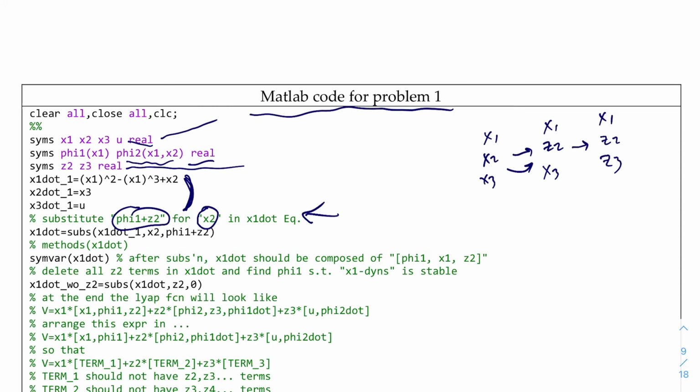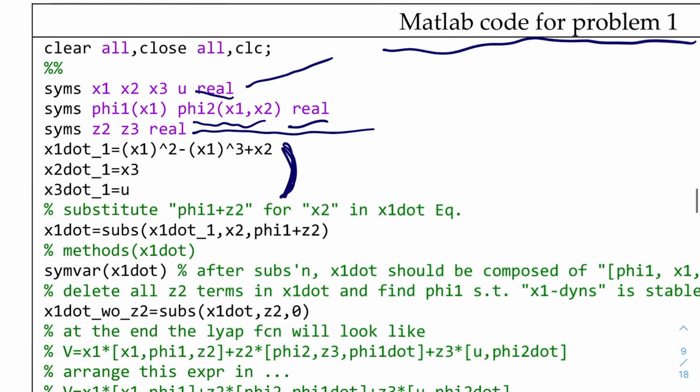This is the first substitution, and by using the substitute command of MATLAB, this is an expression, and you substitute this term for x2. Here you have x2.